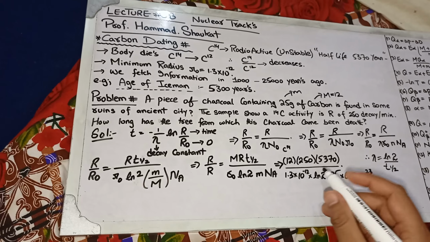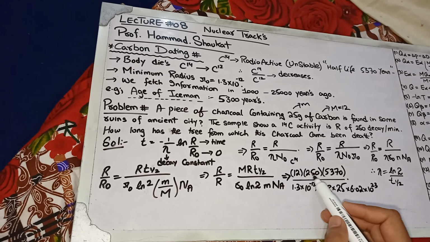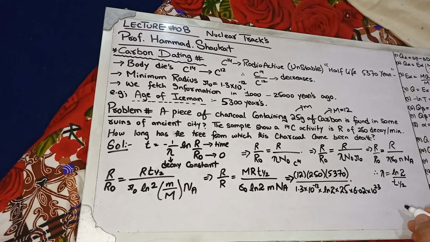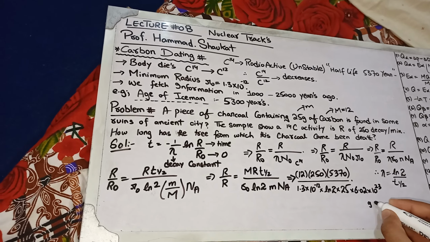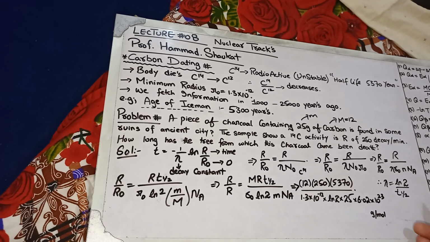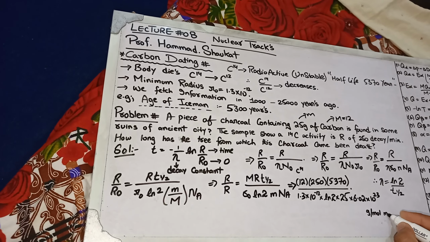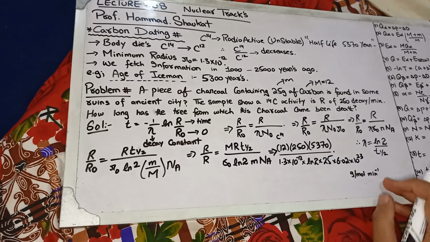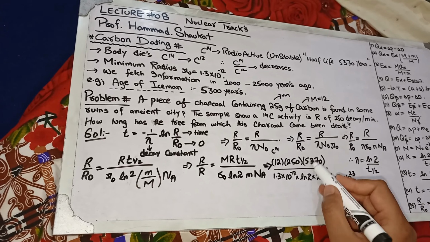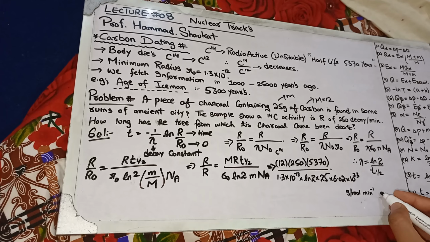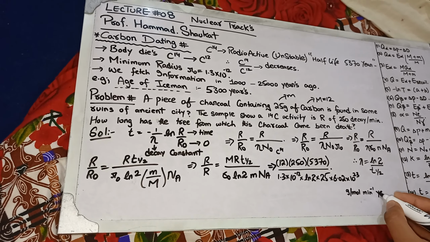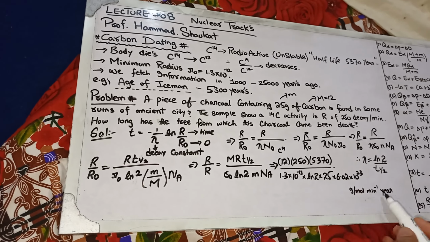Let's first check the units. The unit of this 12, because this is capital M, is grams per mole, and the unit of r is per minute. We just have to check whether the units are good or not. And this is a year, because this is the half-life.